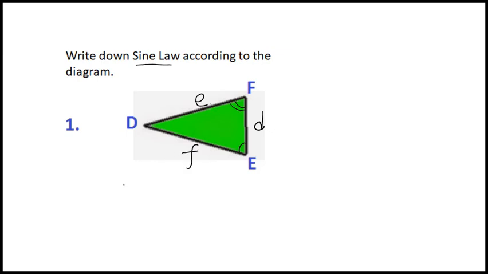So we can write down the sine law like this: d over sin D, just corresponding angle, corresponding side. So we have e over sin E equals f over sin F.